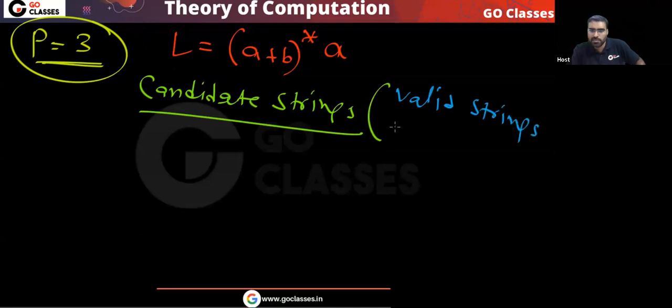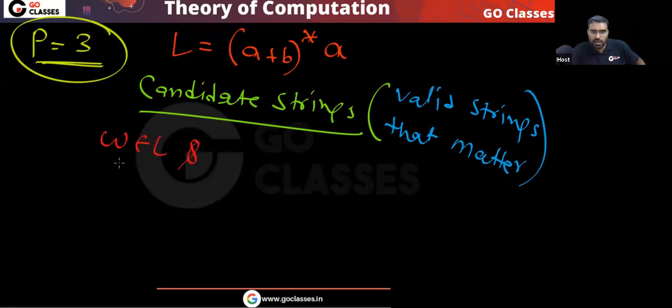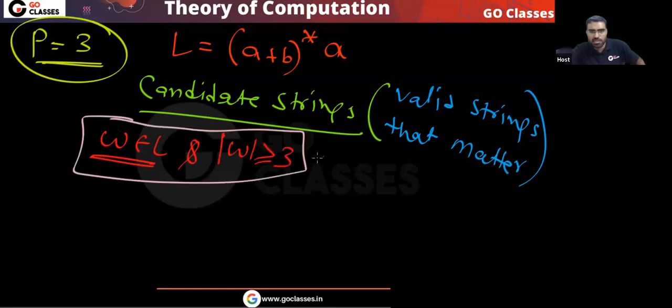Which strings will matter to us? You can easily notice that these strings which belong to L and whose length is greater than or equal to 3 matter. All these strings we need to check.